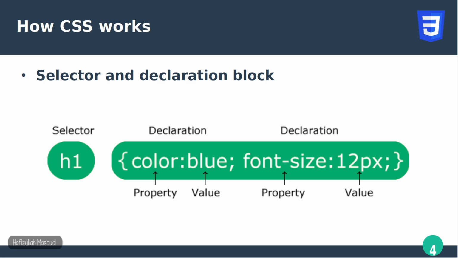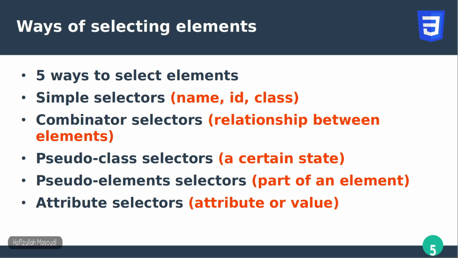So in this example we have the h1 element, and the declaration block contains one or more declarations separated by semicolons. So each declaration includes a CSS property name and a value separated by a colon, and multiple CSS declarations are separated with semicolons, and declaration blocks are surrounded by curly braces.